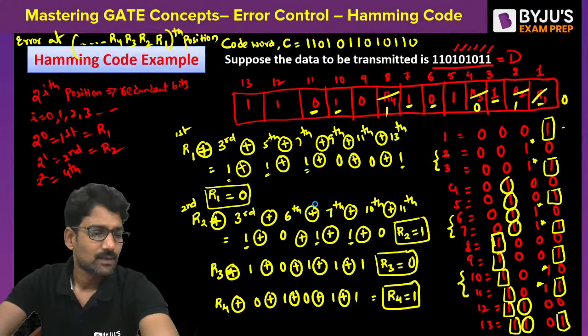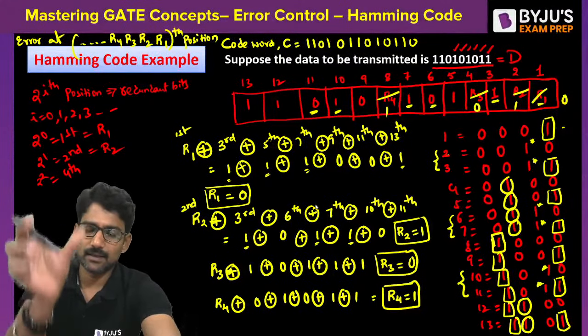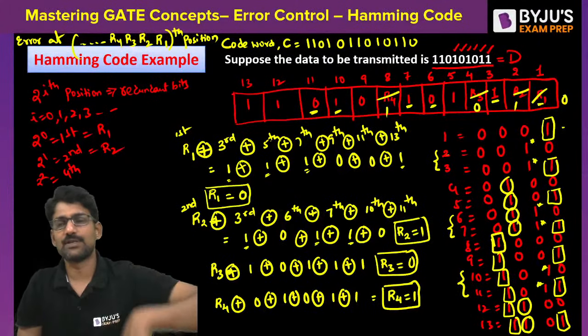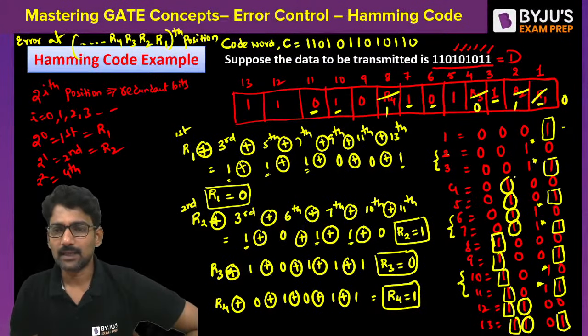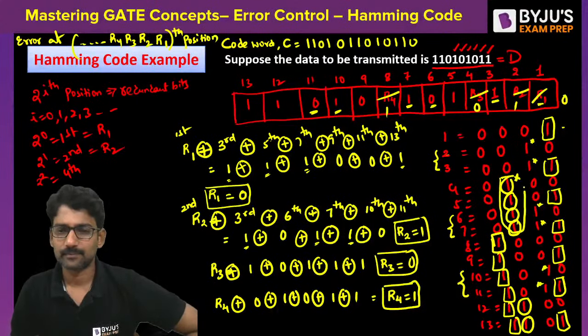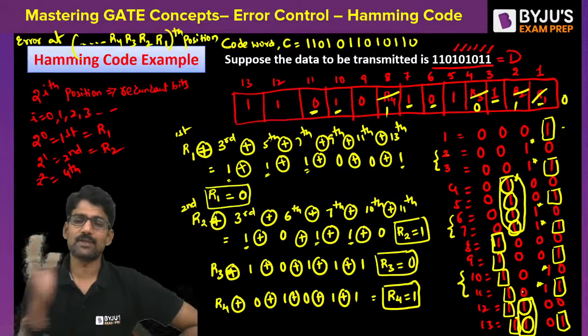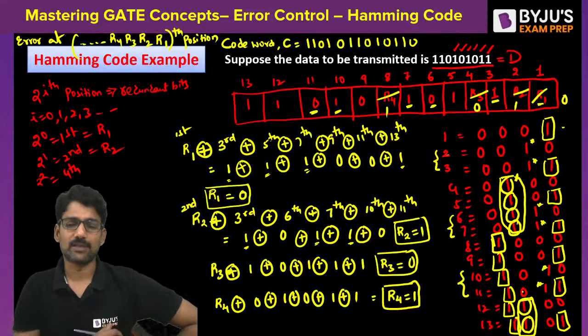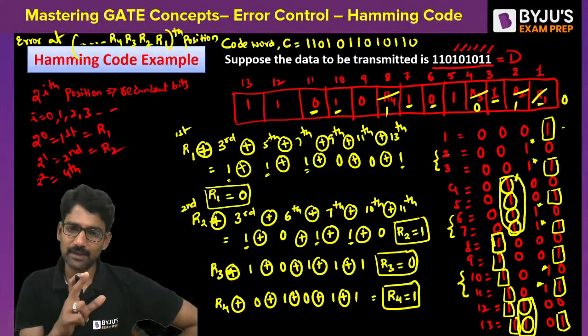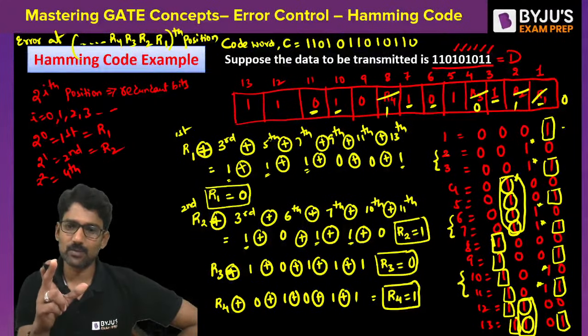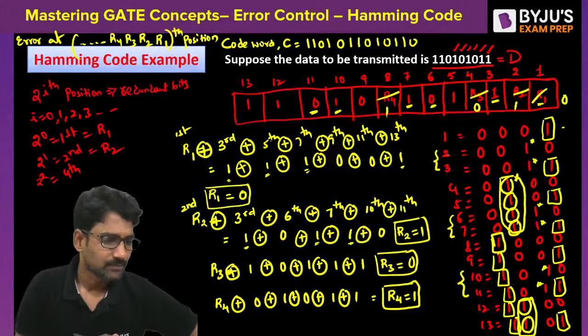Sarvesh, in the binary form of those positions, in the third position, this I am calculating. See, from the LSB, in the third position where I have ones, 4 I have taken, fourth position I have R3.